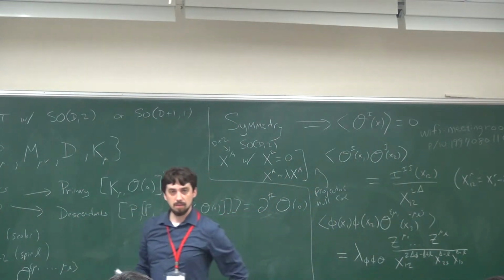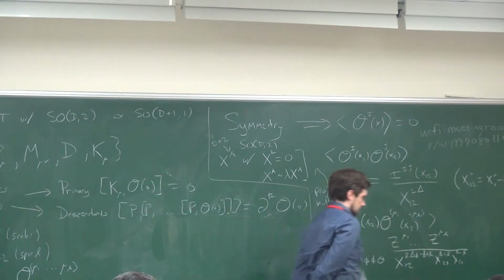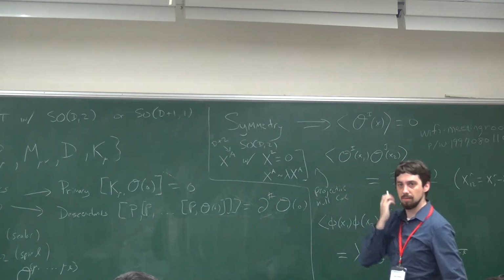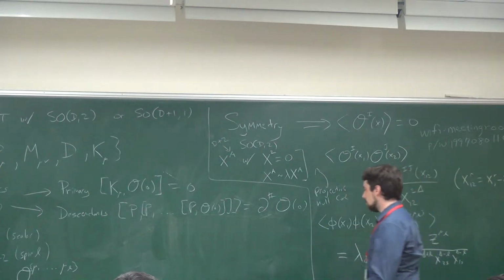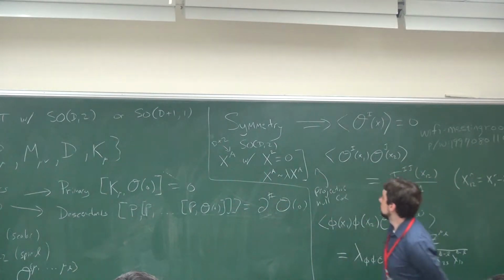Sorry, are the conditions uniquely defined? I mean, can you take other conditions, or are they unique? Oh, this is the only way I know how to do it. I mean, you can, right?